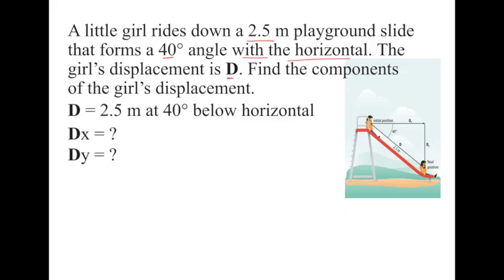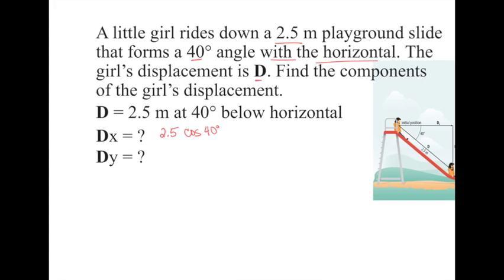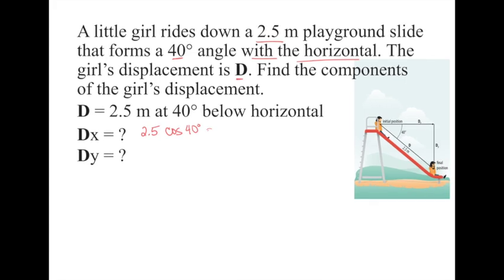Well, this is opposite, this is adjacent, this is hypotenuse. And so we're going to use that same formula. We're going to say the magnitude of the vector, 2.5, times the cosine of 40 degrees will give us the horizontal movement there. And then 2.5 times the sine of 40 degrees will give us the vertical movement.